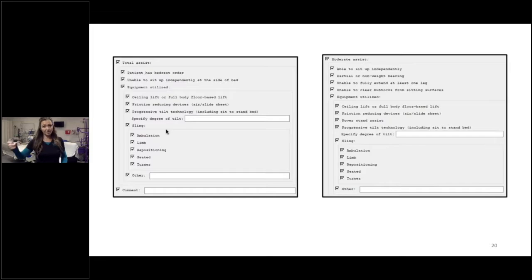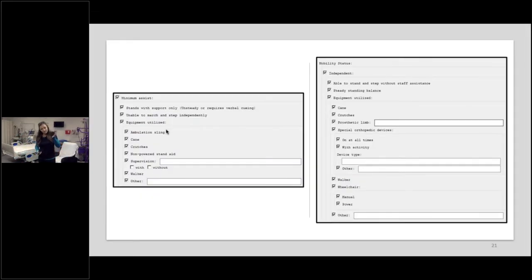If you pass level 2 and you're able to stretch and point your legs and you're able to lift your bottom off the bed for 5 seconds, then you are a level 3 minimum assistance. Even if you're a little unsteady, if you can clear your bottom and if you can stretch and point your leg, then you are in the minimal assistance range. The next question is, can you march in place? And can you step forward and back safely and independently?